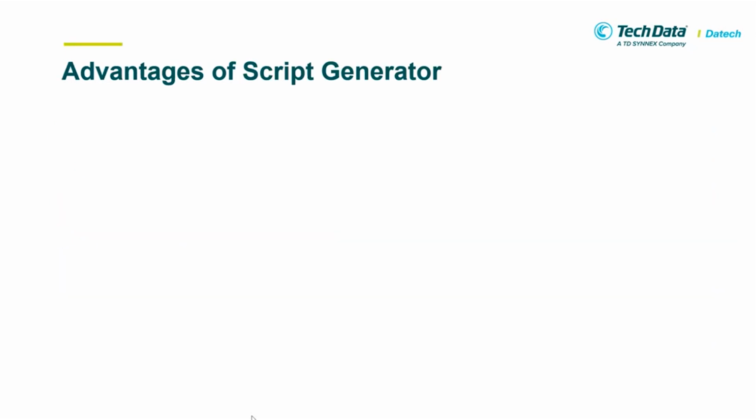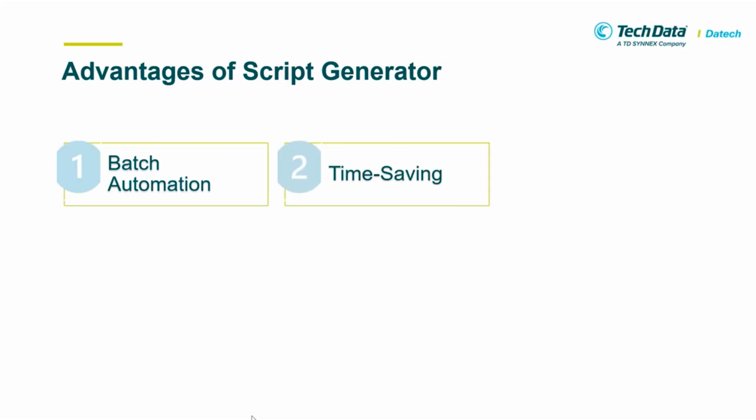There are multiple advantages of using the script generator. Batch automation automates repetitive tasks across multiple drawings, saving time, reducing effort, and speeding up workflows, especially for CAD managers and engineers handling larger projects.